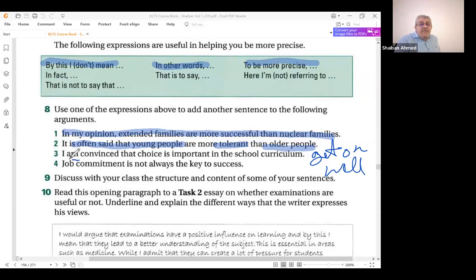Okay, I am convinced that choice is important in the school curriculum. Do you think students or children should choose what they study? Sometimes they don't have a good background.